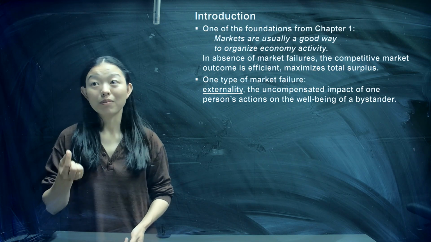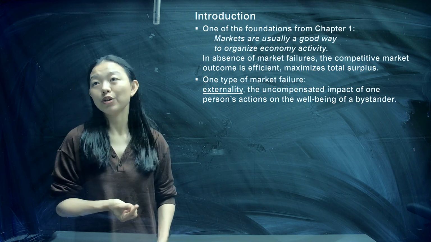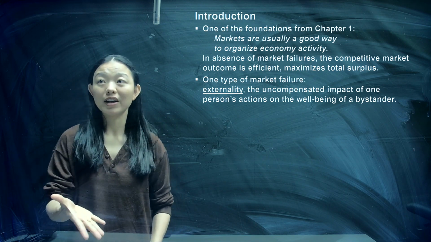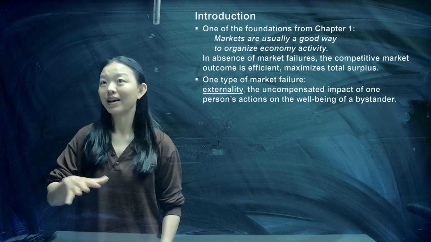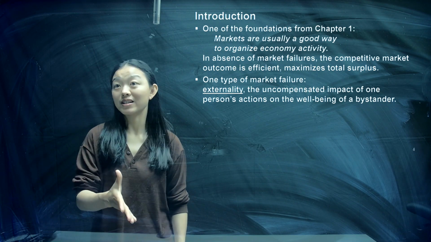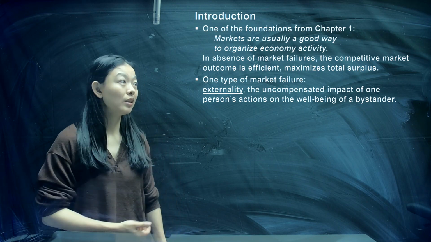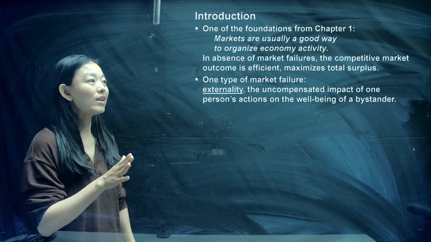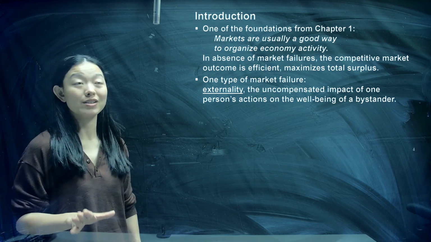However, one type of market failure is externality. We will learn the other type of market failure in a later chapter, for example, the market structure that is not a competitive market but a monopoly.